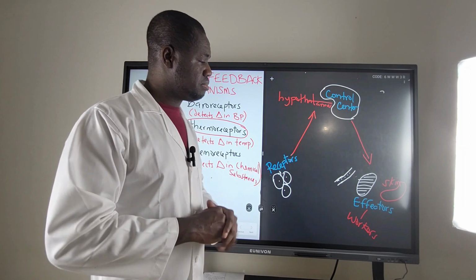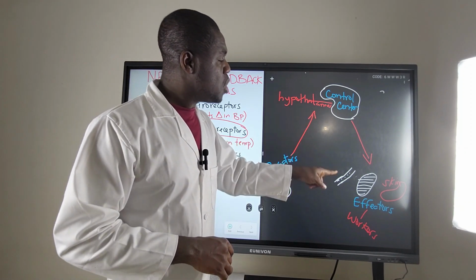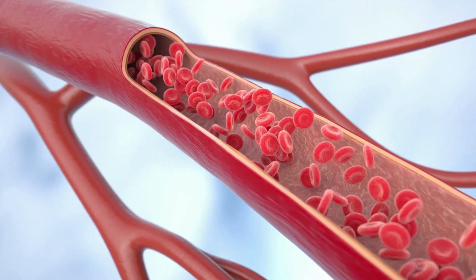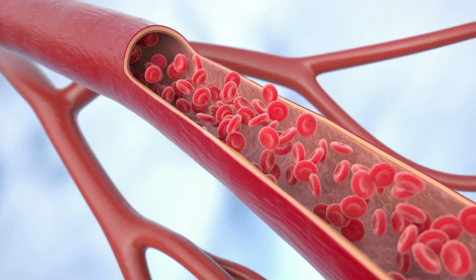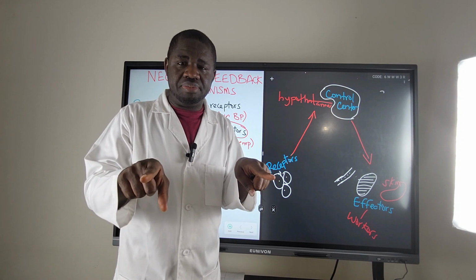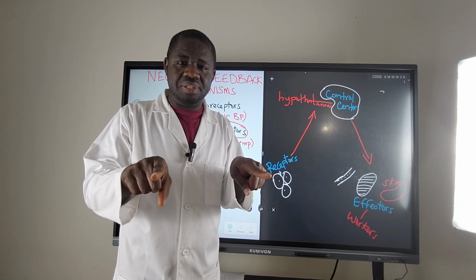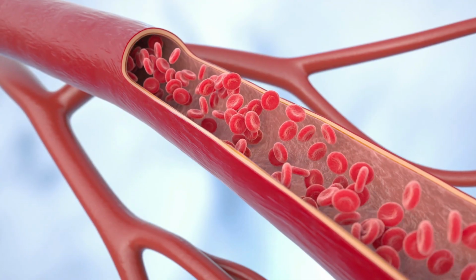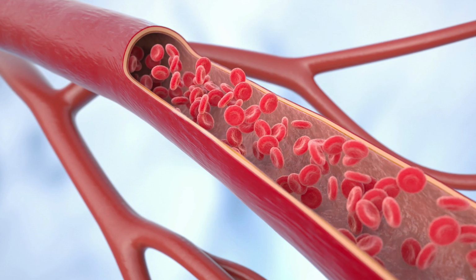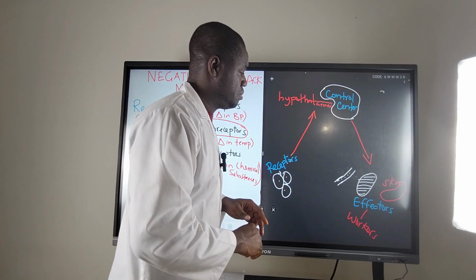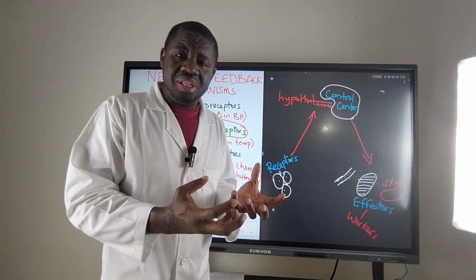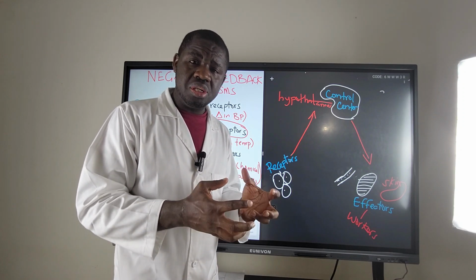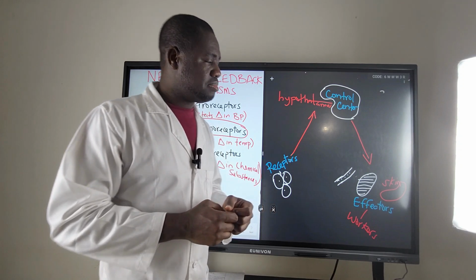The hypothalamus orders the blood vessels to dilate. Dilate means to increase in width, to increase in diameter. That is, the lumen of the blood vessels begin to increase in diameter so that more blood can flow. So the blood carries the heat.